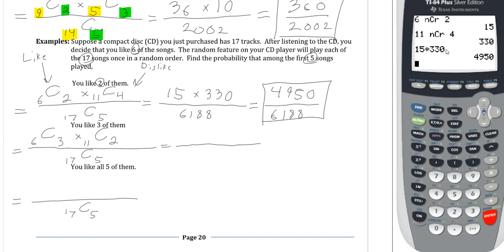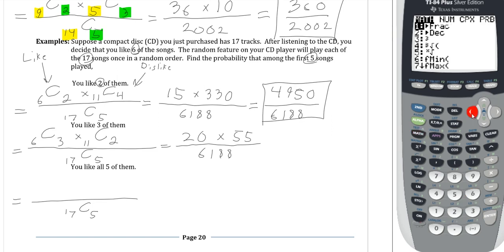17 choose 5 we did before was 6,188. If you do 6 choose 3, that should give you 20. And 11 choose 2 should give you 55. We can check both of those. 6 choose 3 should give you 20.